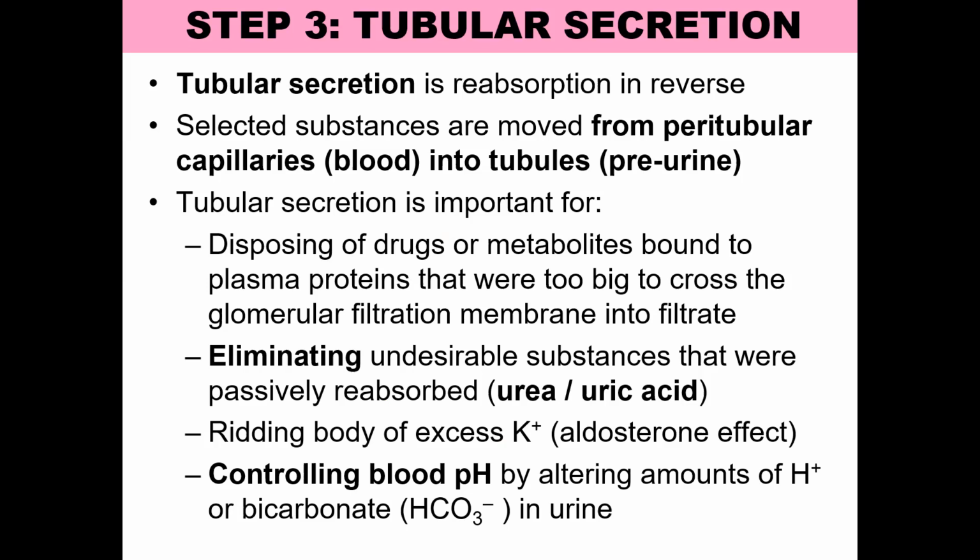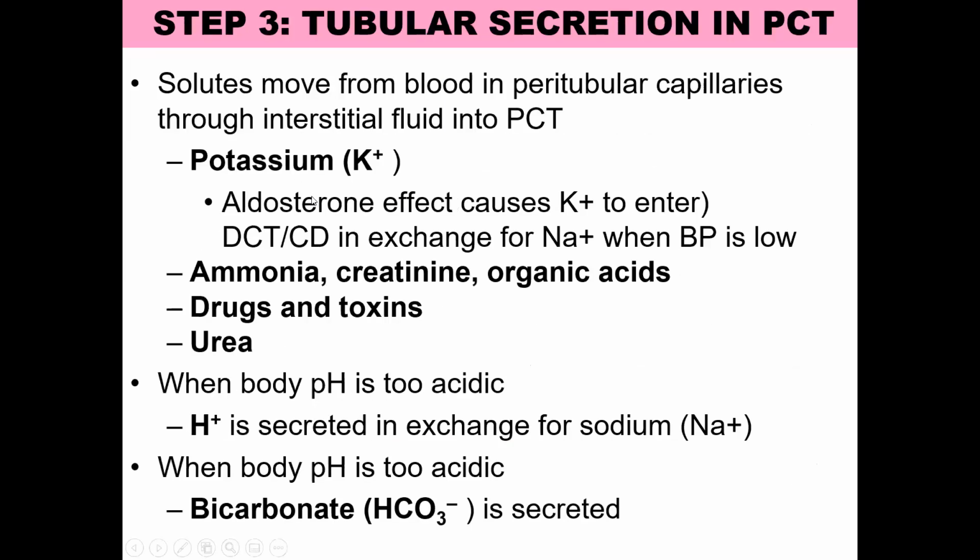If blood pH is too acidic, that means the pH is too low, we are going to secrete some hydrogen ion into the urine, making the urine more acidic and making the blood less acidic. The opposite happens if the blood becomes too basic. We can then secrete hydrogen ion into the collecting duct and lower the blood pH.